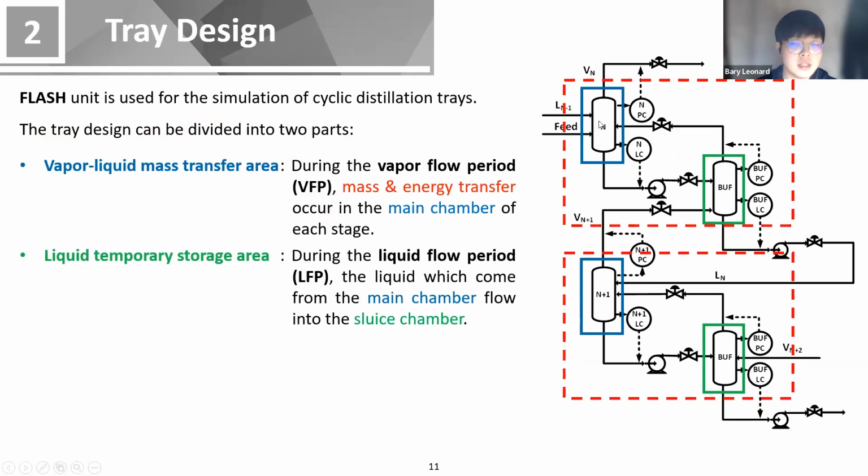The main chamber, as I explained before, is the vapor liquid mass transfer area where the mass and energy transfer occur, where the liquid will be retained during the vapor flow period. And the buffer, or we can also say sluice chamber, is just the liquid temporary storage area. It just temporarily stores the liquid during the liquid flow period.